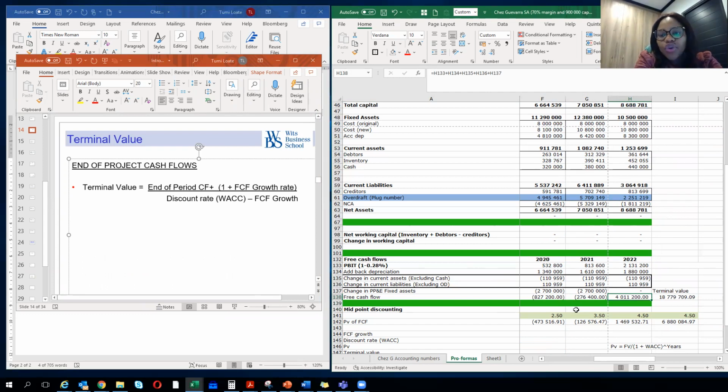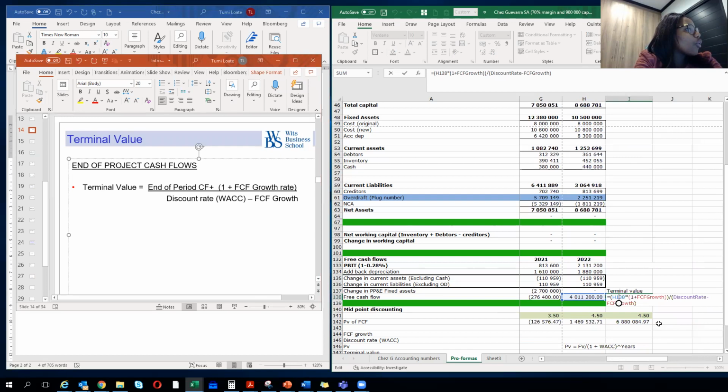And now I want to grow this 4 million. So I take that 4 million and use that formula that I've used here on the left, which is 1 plus your free cash flow growth divided by your discount rate or your WACC minus your free cash flow growth. You use just this exact formula and plug it in.